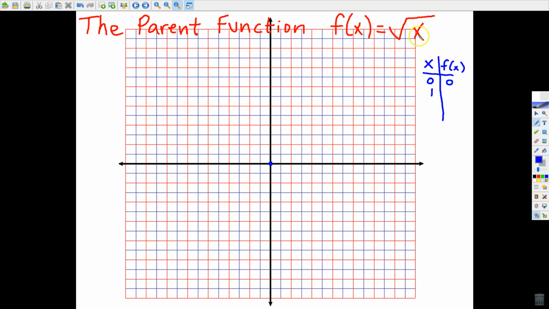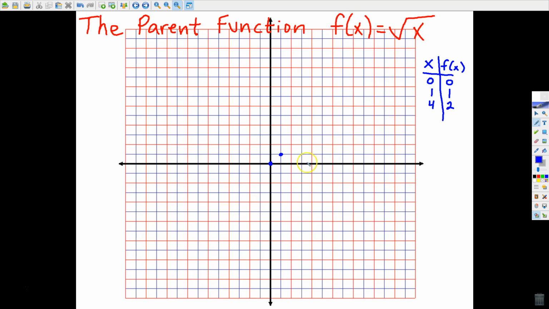1 is easy to calculate because the square root of 1 is 1. I don't want to use 2, even though it wouldn't be terrible, but that means I'm going to have to estimate a decimal version of the square root of 2. Same thing for 3, but 4 is nice because 4 has a perfect square root.